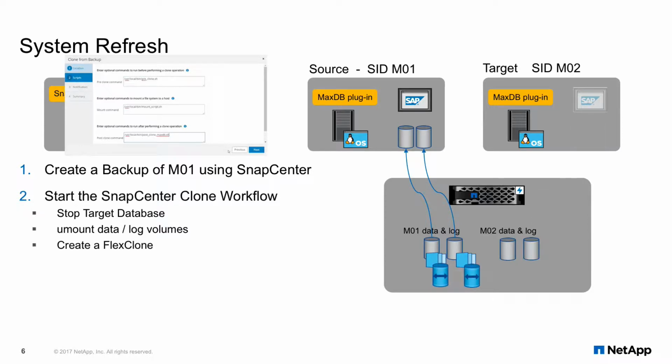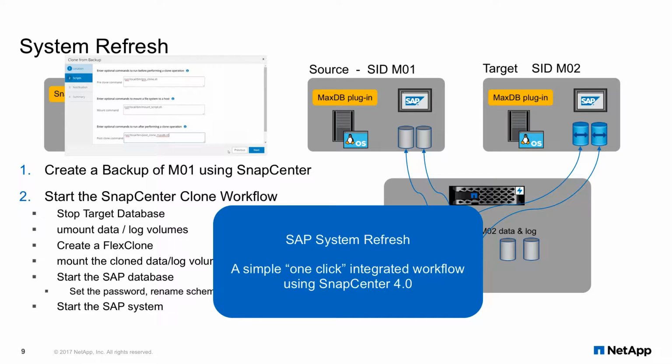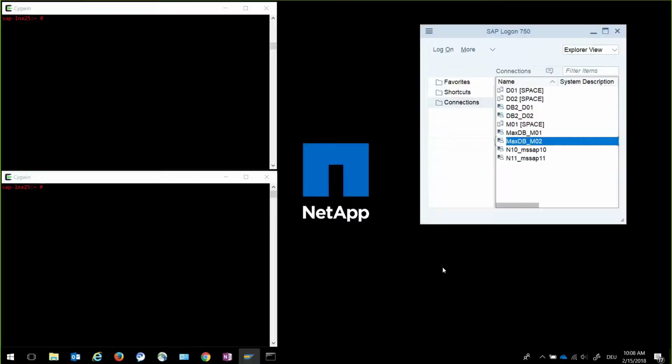It will create a FlexClone of the snapshots of the source database and mount those FlexClones to the target database, then start the database, set the password, rename the schema, and do all the technical steps that are necessary to start the SAP system. So basically you have a one-click integrated workflow using SnapCenter 4.0 with the MaxDB plugin.